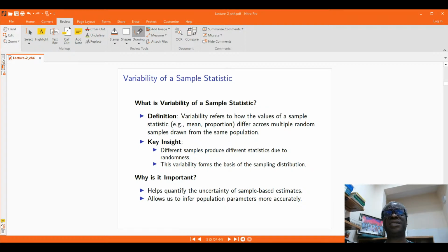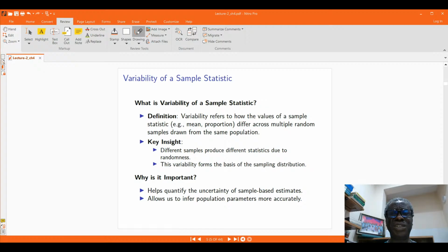Earlier, I mentioned that if you take your own sample from the population from which I also draw my own sample, you get your own estimate, I get my own estimate, it will vary. So this is what we call the variability of the mean, for instance, the sample mean. So that's what we want to study.